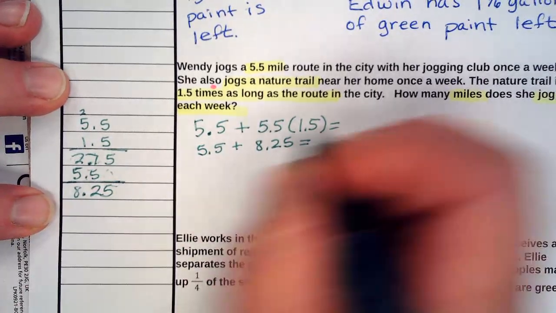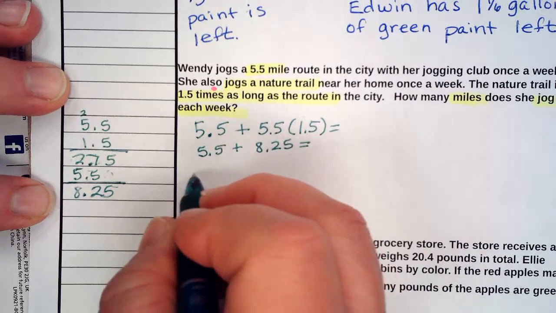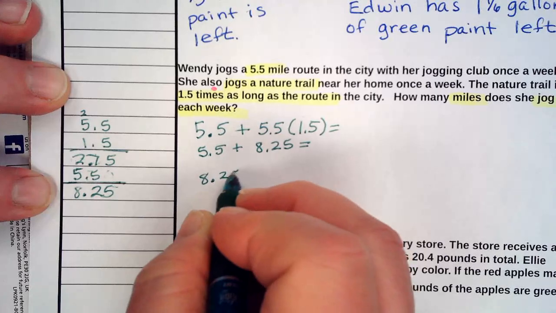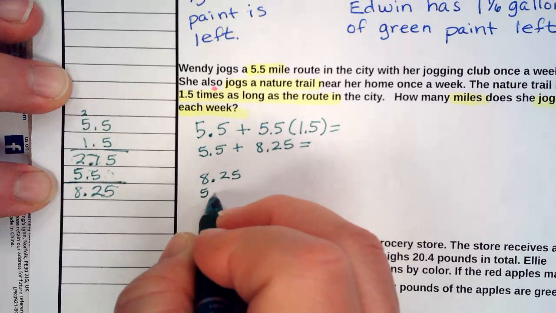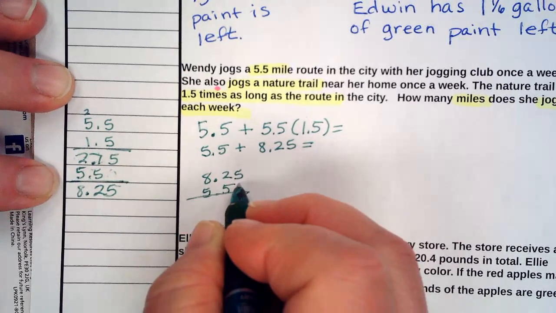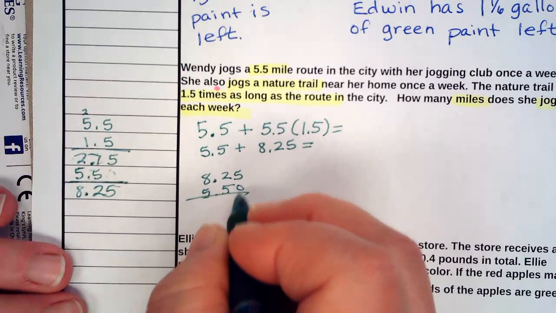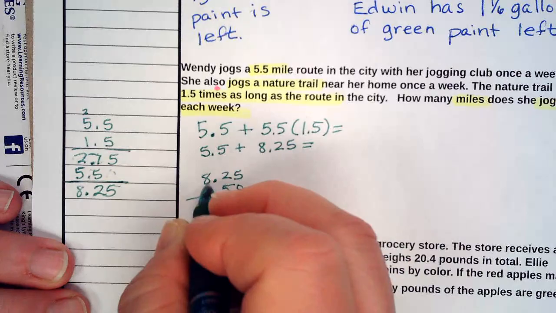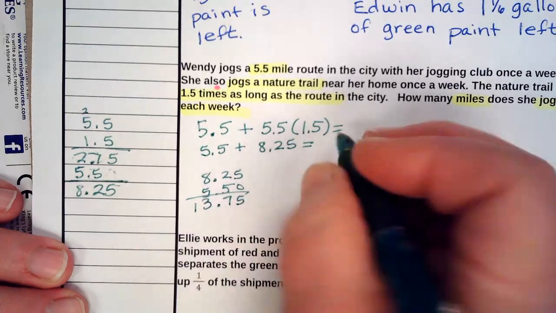So 8.25 plus 5.5, put my 0 for a placeholder, 5, 7, bring it down, 8 plus 5 is 13.